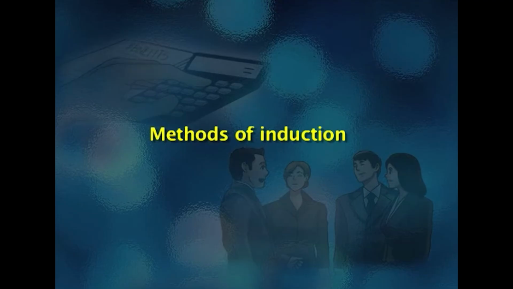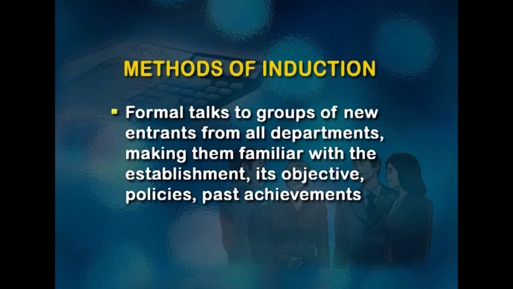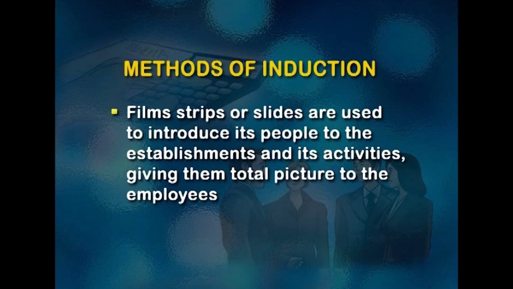Then what are the different methods of induction? Employees can be introduced to an establishment in a number of ways. The first one is formal talks to groups. The formal talks to groups of new entrants from all departments make them familiar with the establishment, its objectives, policies and paths of achievement. The second one is film strips or slides, used to introduce people to an establishment and its activities, giving them a total picture.